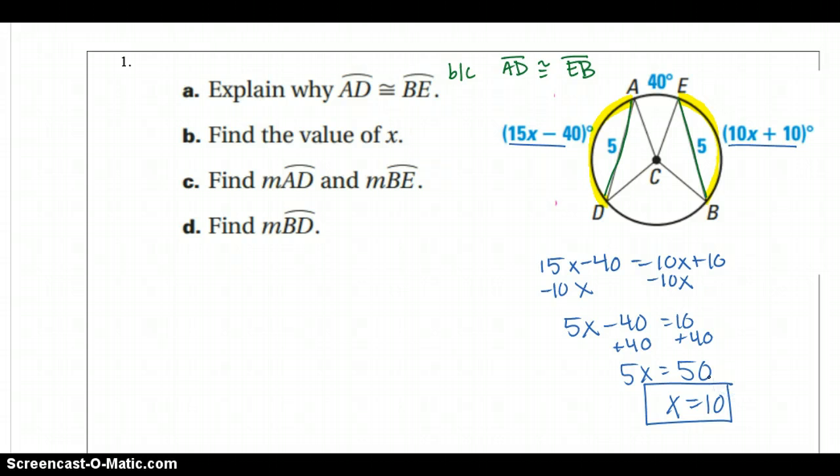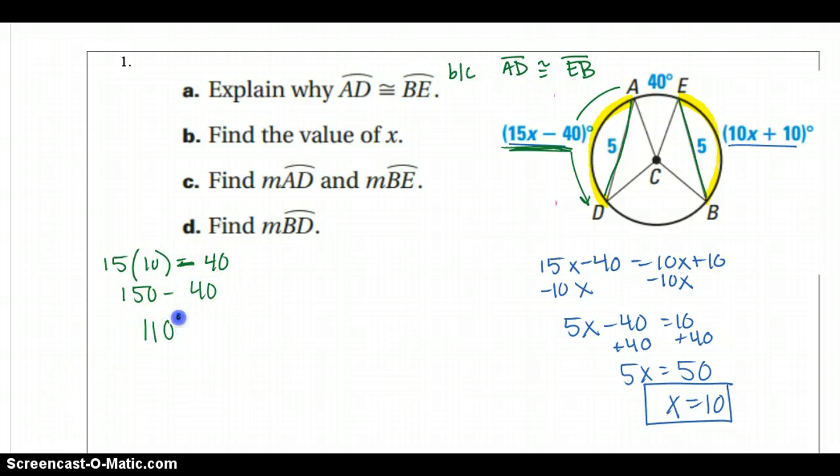But to find the measure of arc AD, I have to plug that back into this equation here. So I will have 15, and then for x I'm going to plug in 10, minus 40. So 10 times 15 is 150, minus 40 gives me 110 degrees, and that is the measure of arc AD.